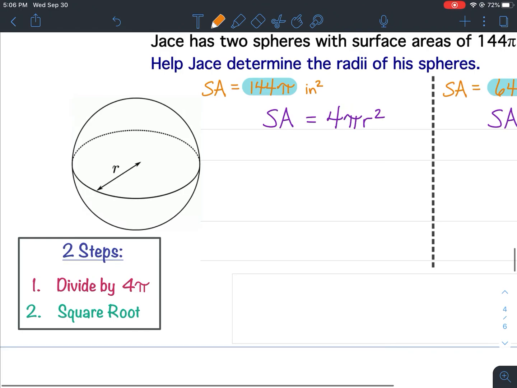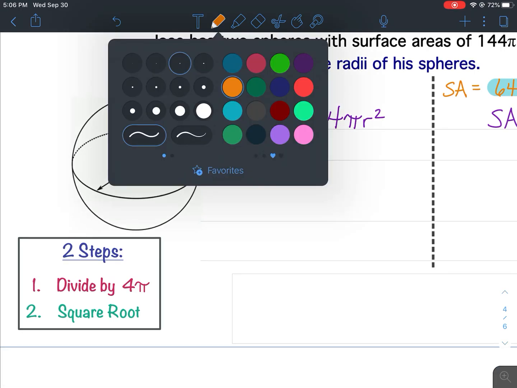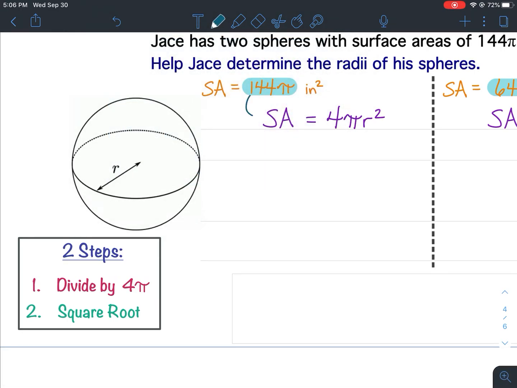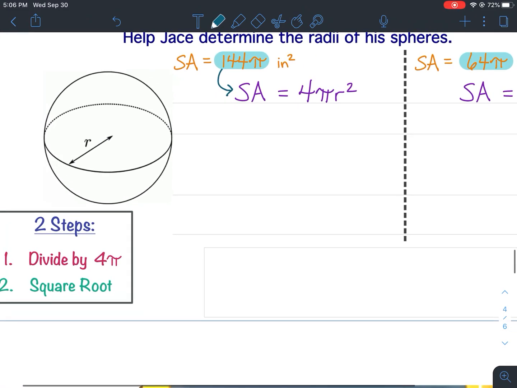Okay, so for this first one up here, I'm going to take this 144 pi and substitute it in for the surface area. So 144 pi equals 4 pi r squared. Step 1 is to divide both sides by 4 pi.